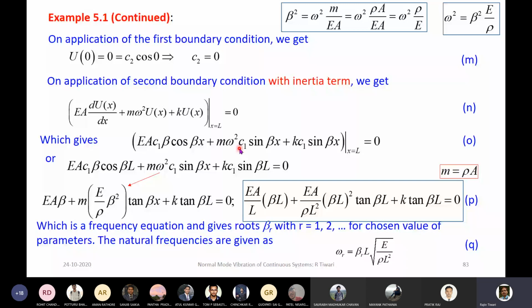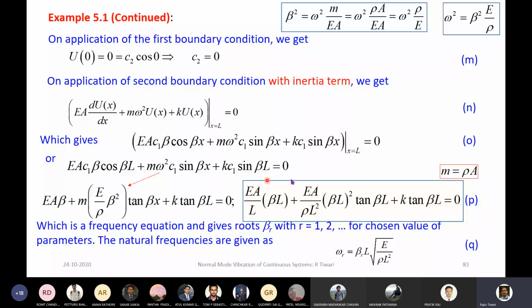Because the other terms are in terms of beta, we need to convert this omega square into terms of beta using this relationship. That has been done here. So now all the terms containing omega we convert into beta only. If we simplify, we'll get a frequency equation like this.